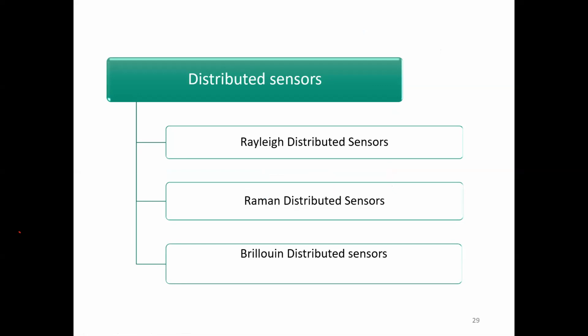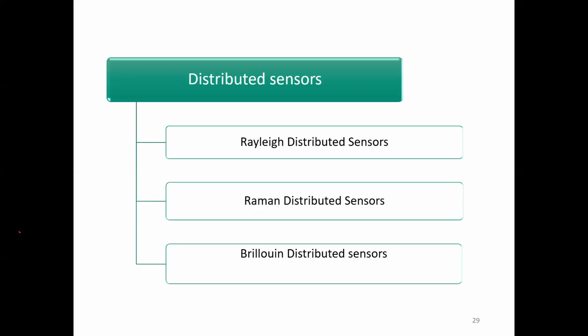We have three types of sensors in distributed sensing: the Rayleigh distributed sensor, the Raman distributed sensor, and the Brillouin distributed sensor. All these are names of scientists: Rayleigh, Sir C.V. Raman, and Brillouin. All were great scientists who discovered properties of light, like refraction and different types of reflections, and we put these properties in their names, like Rayleigh scattering in the name of Lord Rayleigh.